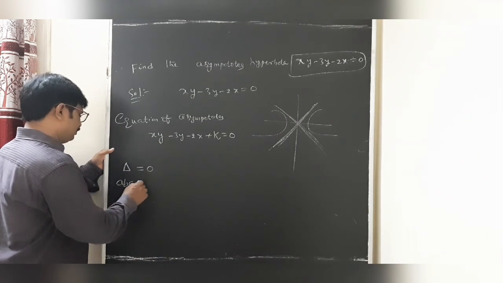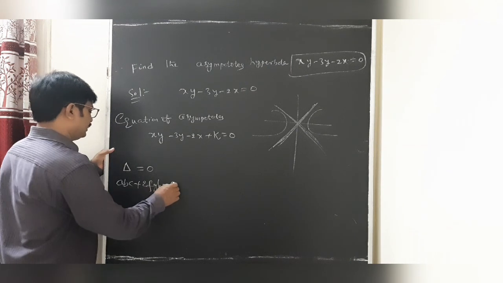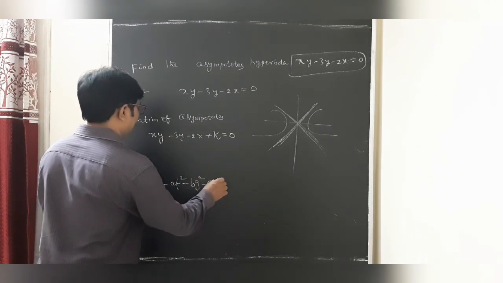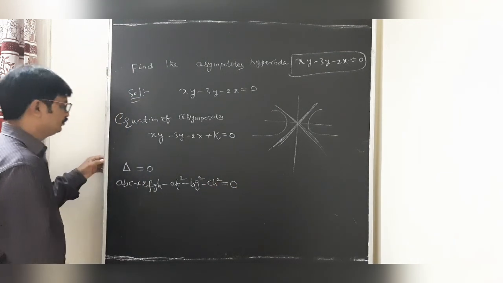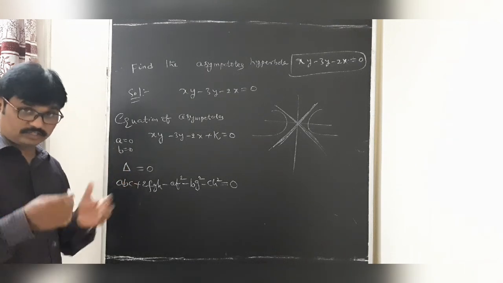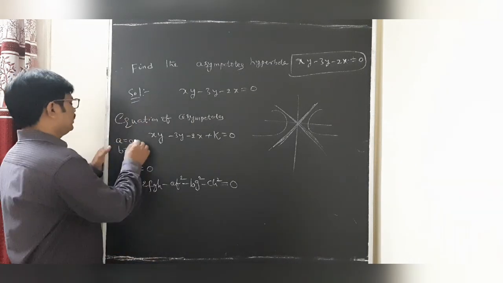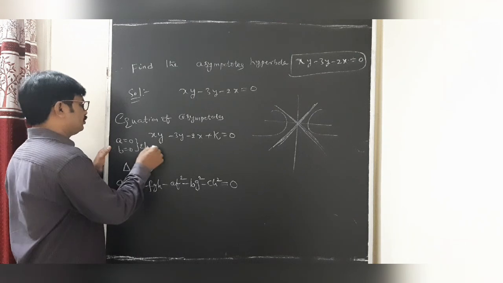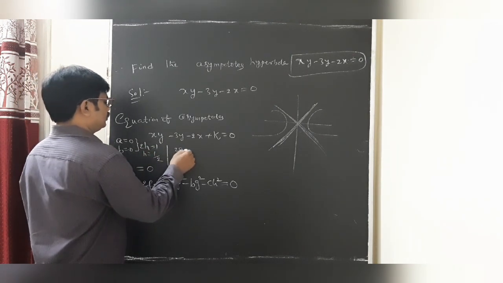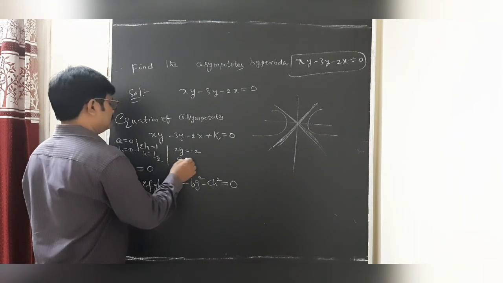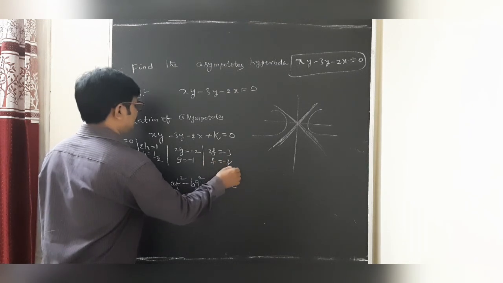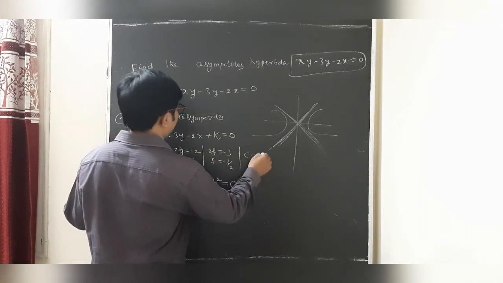Delta is abc plus 2fgh minus af square minus bg square minus ch square equal to 0. A is 0 here, students, b is also 0, as the x square and y square terms are not there, and 2h equal to 1, so h equal to 1 by 2. 2g equal to minus 2, so g is minus 1. 2f equal to minus 3, so f is minus 3 by 2. c is k.